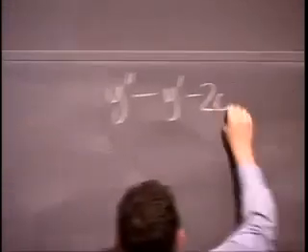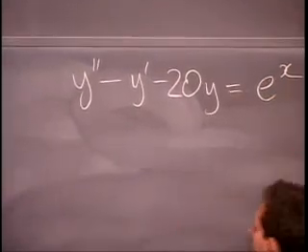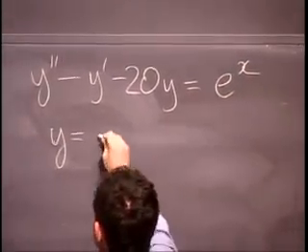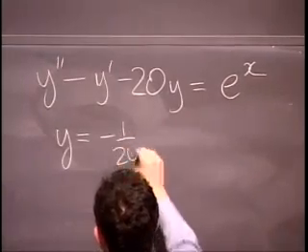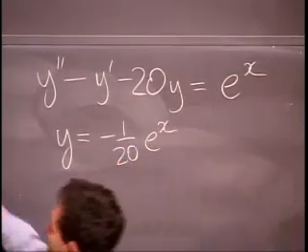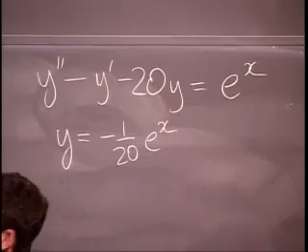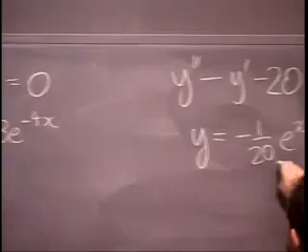Here's the new equation. It has an e to the x on the right-hand side. And we saw that y equals minus 1/20th e to the x will work. So what happens if I take any of the solutions? You pick a and b, any two numbers. That will solve this. What happens if I add that onto here?